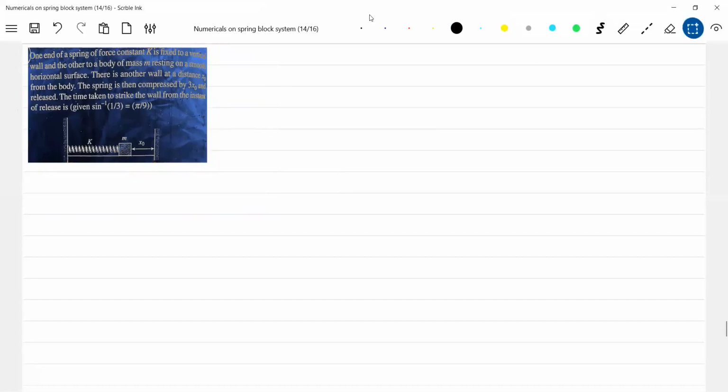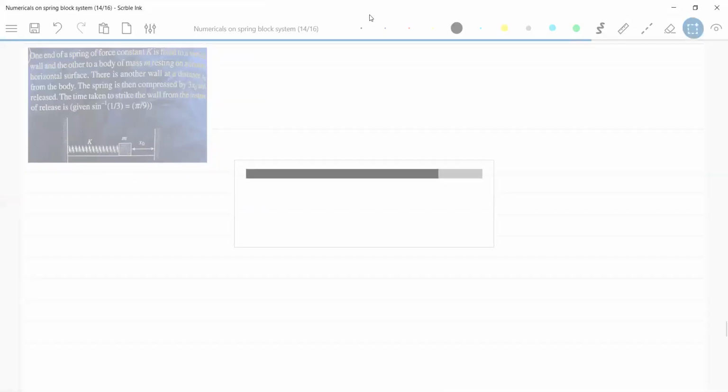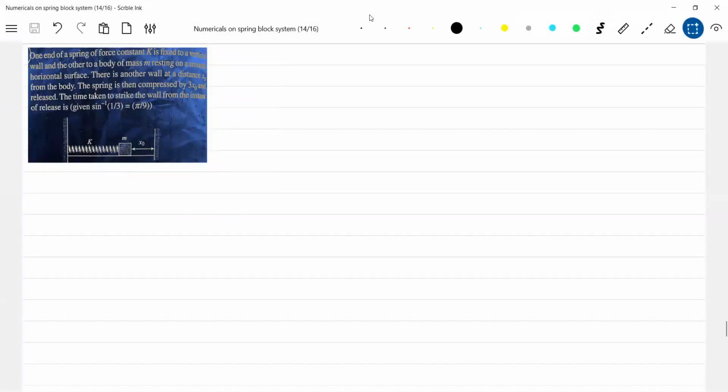Just now we discussed, the same idea is what you can apply here. I will draw the required diagram, so at least you'll be in a better position to understand what the question is actually saying.